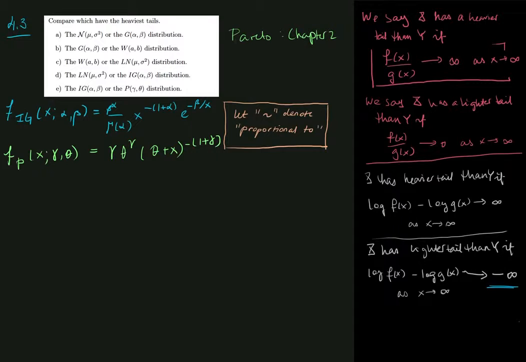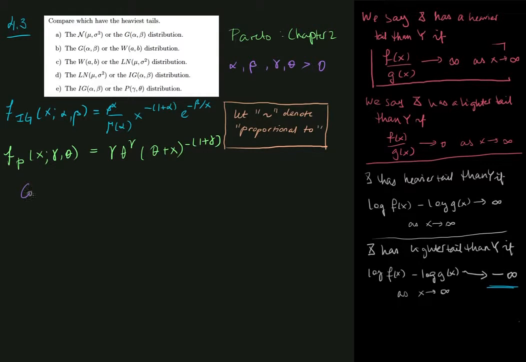So just before we get started, the assumption on alpha, beta, gamma and theta is that they are all strictly positive. And now I think we are ready to get started.